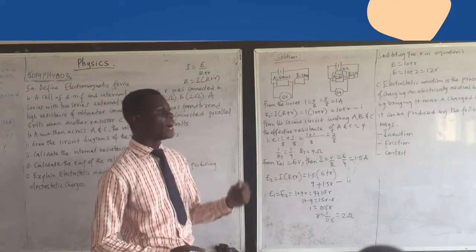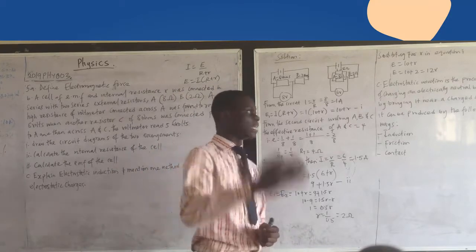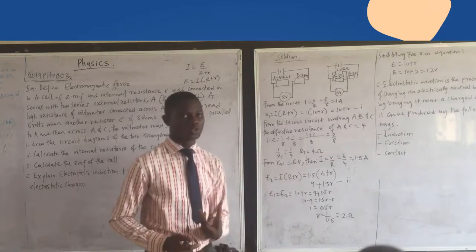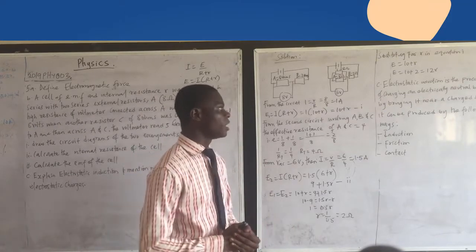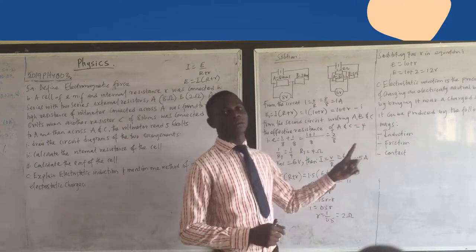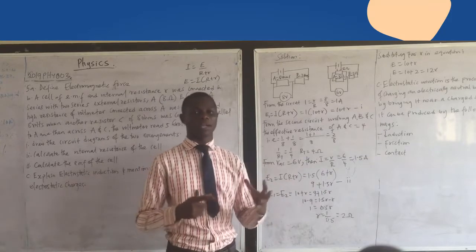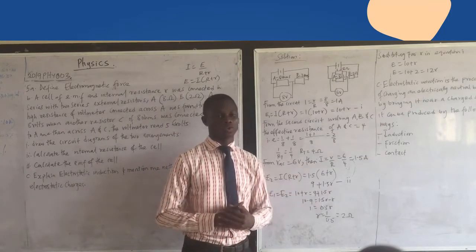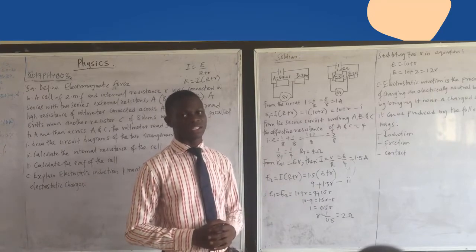So if you bring an electrically neutral body near a charged body, it produces what we call electrostatic induction, a force of attraction between them. So how do we produce electrostatic charges? 1, by induction, 2, by friction, and 3, by contact. That is when you come close to each other. So those are the methods of producing electrostatic charges.